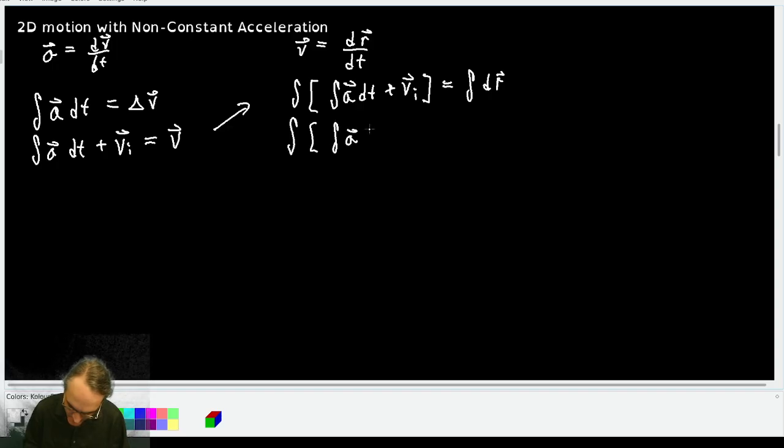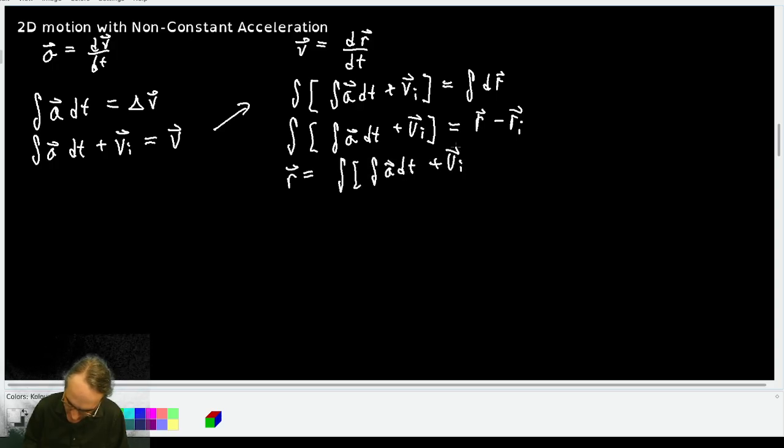Now this looks like a double integral equation, but you can do them completely separately, so it's not like second semester calculus level stuff. This would give us our r final minus r initial, and you can rearrange that to figure out what the position at any future time would be. And that would look like integral over integral a dt plus vi plus ri.